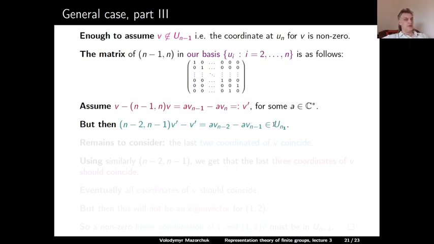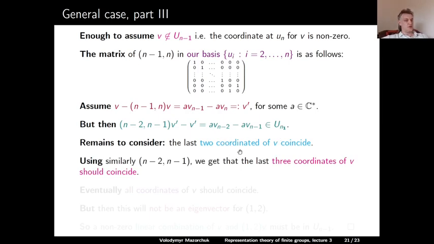So the only problem we would get is if the a here is 0. But the a here is 0 if and only if the last two coordinates of the vector v in our basis coincide. So now we again do induction. Now we assume that the last two coordinates of v coincide, and we apply similar arguments to the transposition of n minus 2 and n minus 1. And we again solve the problem or run into a new problem, but now when the last three coordinates of v coincide, and so on.